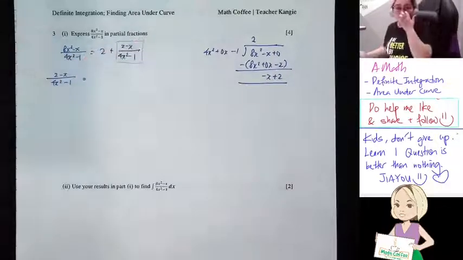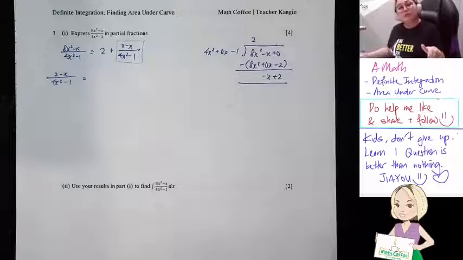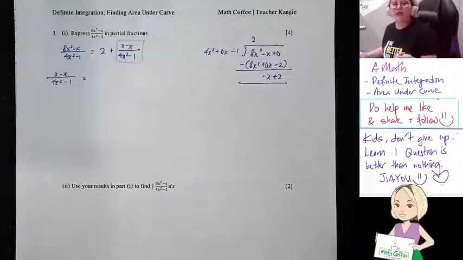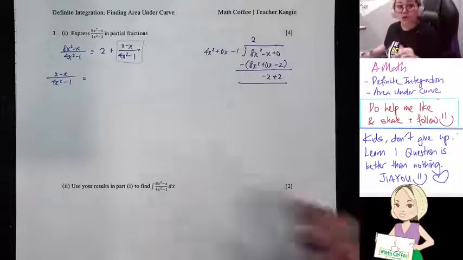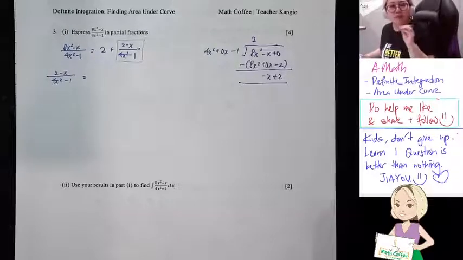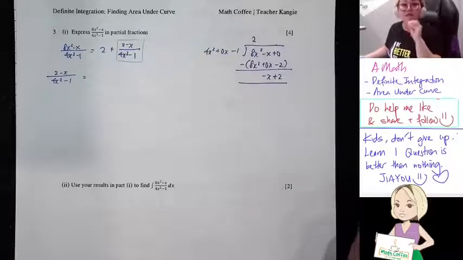Take note that the denominator now is a quadratic, right? So a common mistake is students say, oh, okay, now I know this is actually case 3. Case 3 means that my numerator is ax plus b. Wrong. Every time when the denominator is quadratic, you must ask yourself whether, can I factorize it or not? Can I factorize it?